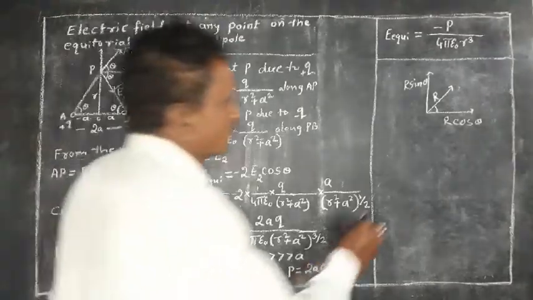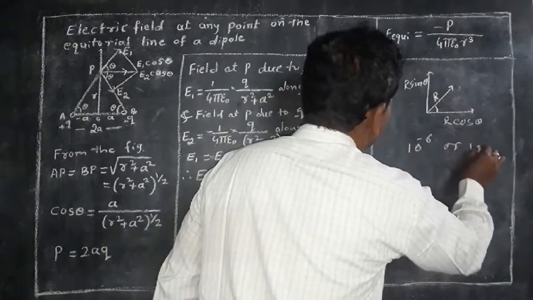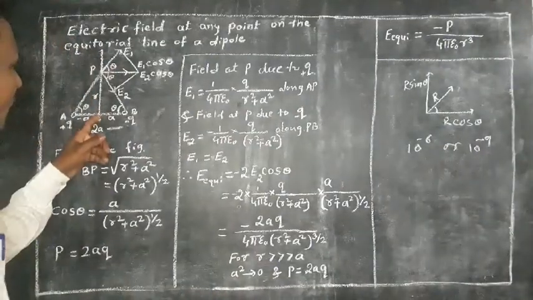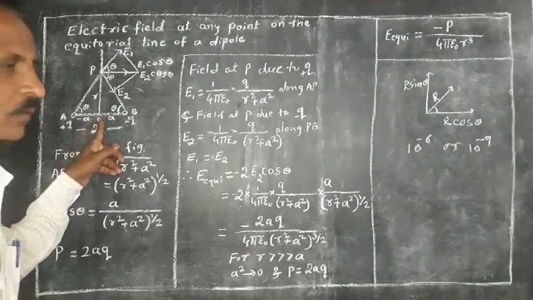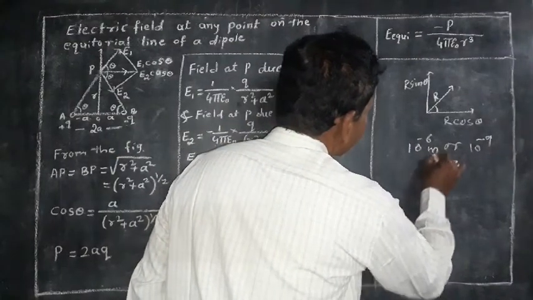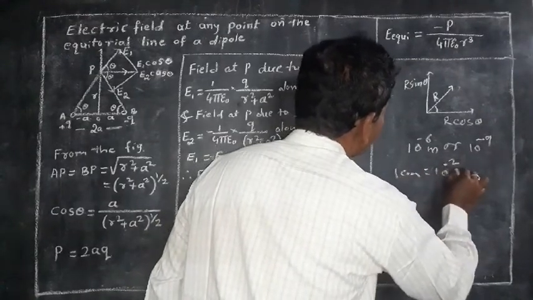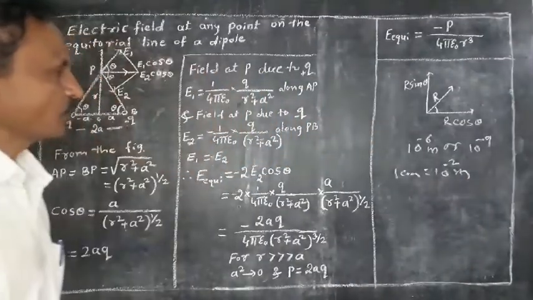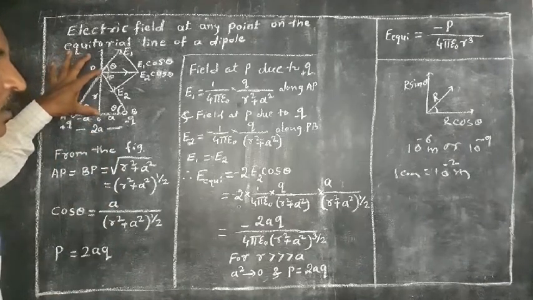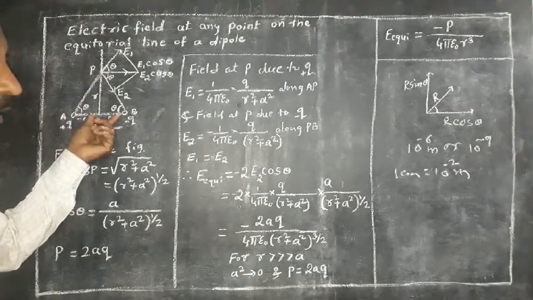It is expressed in terms of micrometer or nanometers, and the distance of the point from the center of a dipole is expressed in centimeter, that is 1 centimeter is equal to 10 raised to minus 2 meter. It is found that R, the distance of the point, is very much greater than A.